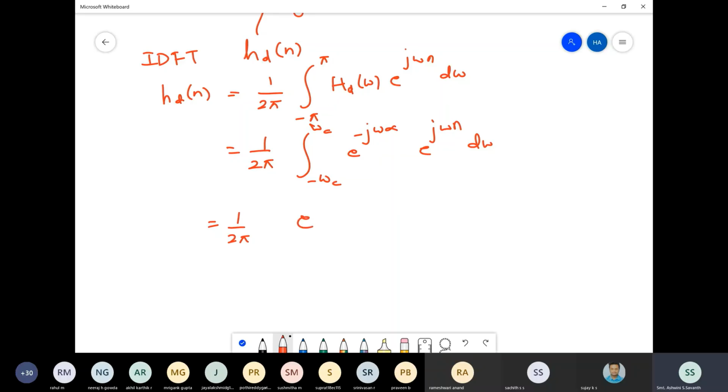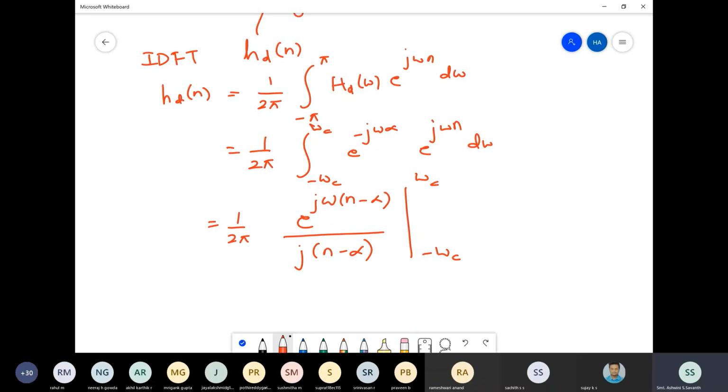So we get 1 by 2 pi, e power j omega into n minus alpha. If you integrate this with respect to omega, it is divided by j into n minus alpha between the limits minus omega c to plus omega c.